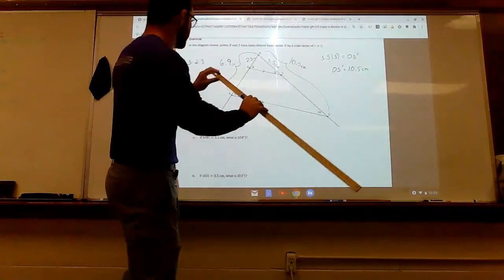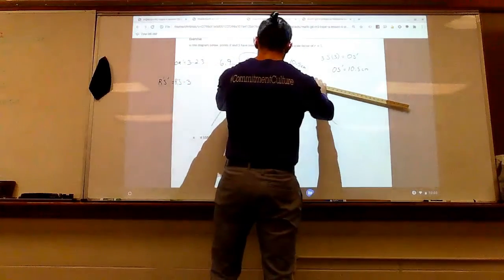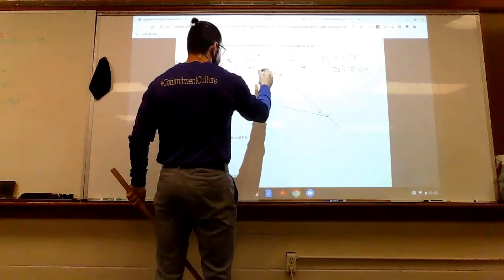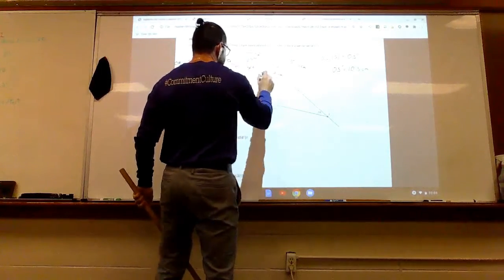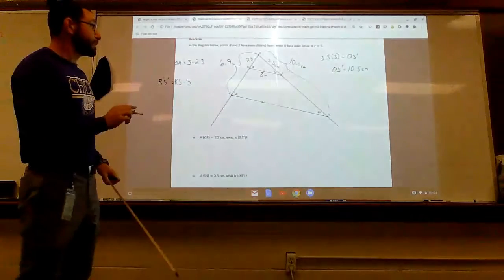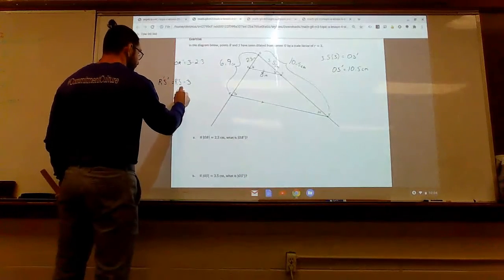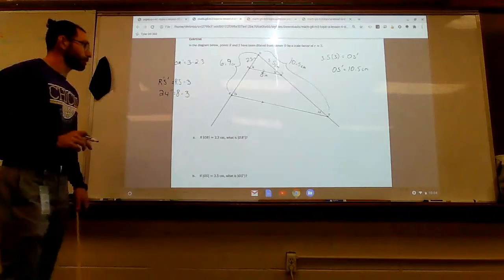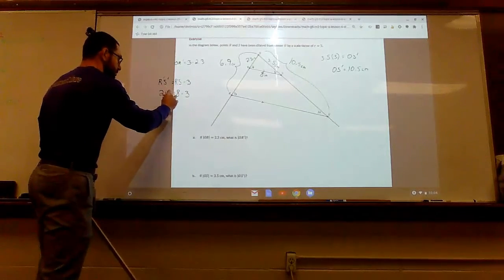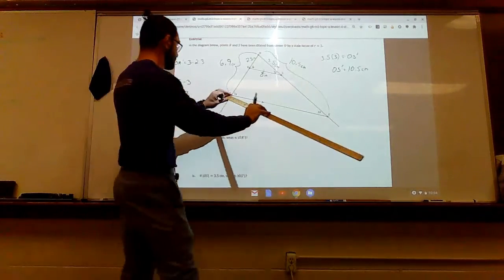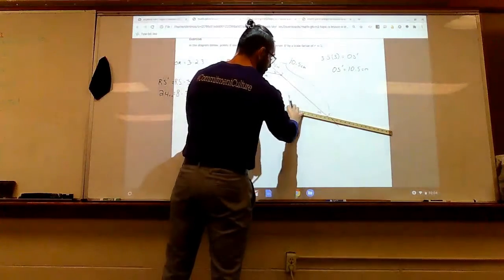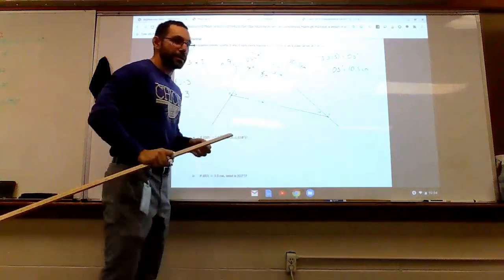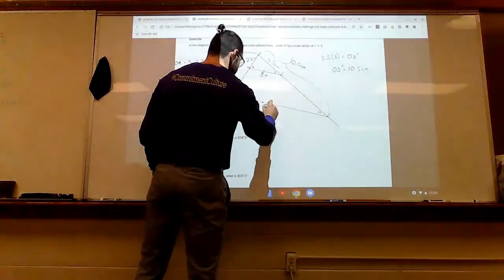Well, I take my yardstick here, and RS, for me, because I'm up on the board, is 8 inches. So immediately, I should say 8 times 3 is 24 inches. Let's see if we're right. Oh my goodness. There it is. This is 24 inches.